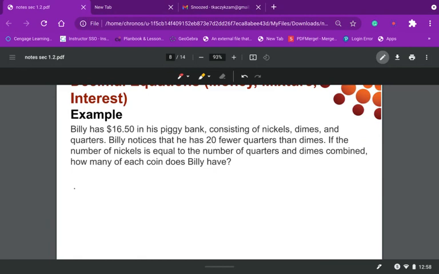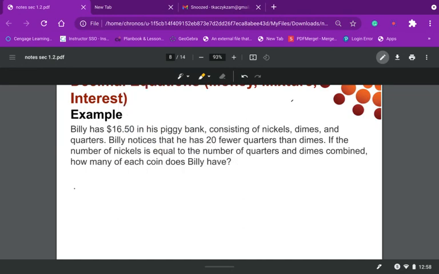If the number of nickels is equal to the number of quarters and dimes combined, how many of each coins does Billy have? So in this problem, actually they're asking for three things. We need to figure out how many dimes Billy had, how many quarters, and how many nickels. However, we only want to introduce one variable.